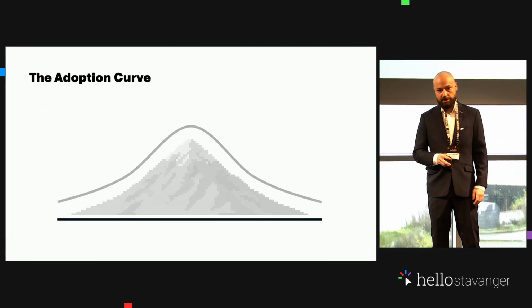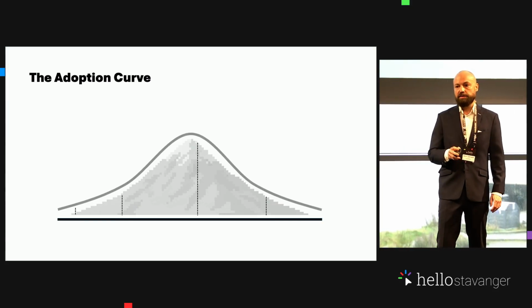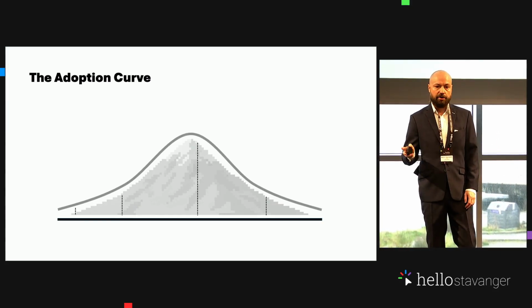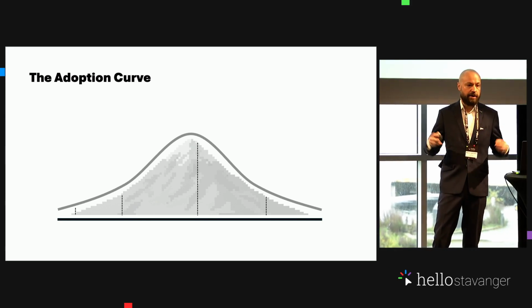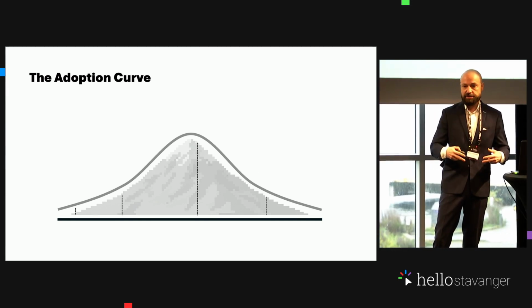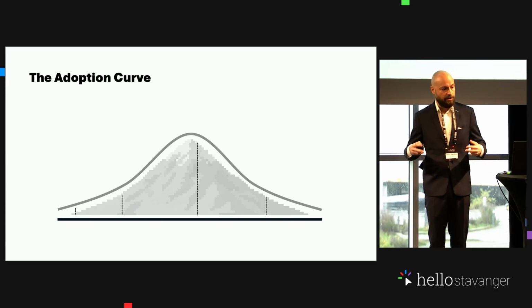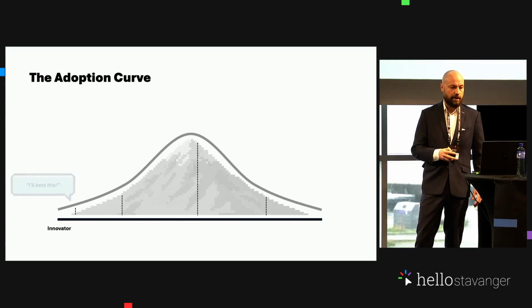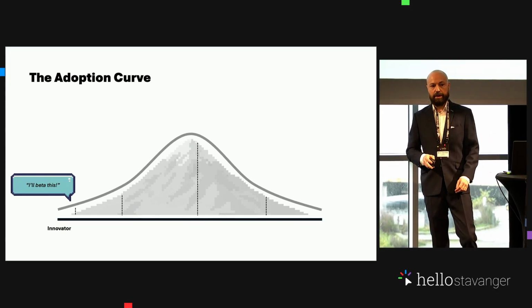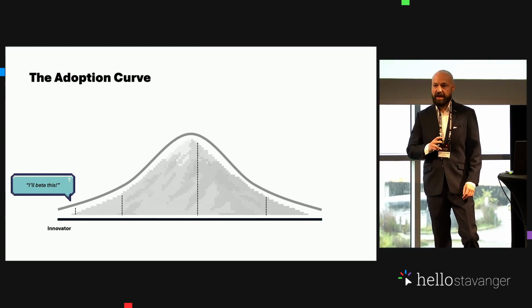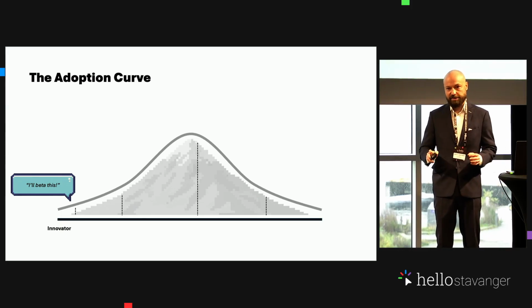Then we have the adoption curve. Now, this one is looking a little bit more into the total life cycle of a product, so it's not really specifically going into a single action, but more so what type of users are we looking at. Early on, you have the innovators. They will be happy to test anything because they want to be the first.